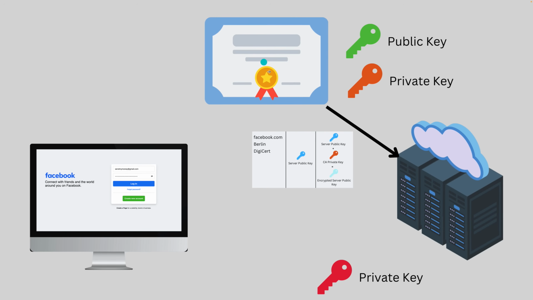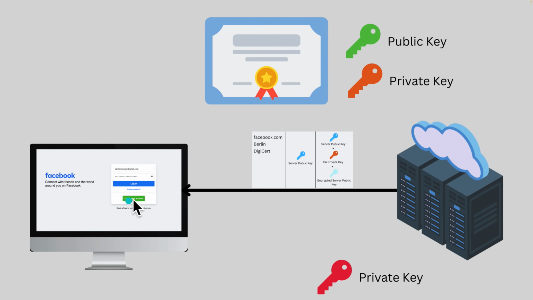Okay, so with that being said, what's going to happen now? Well, the certificate authority is going to send back this certificate that contains this information. And then the server is going to send this certificate to our machine.